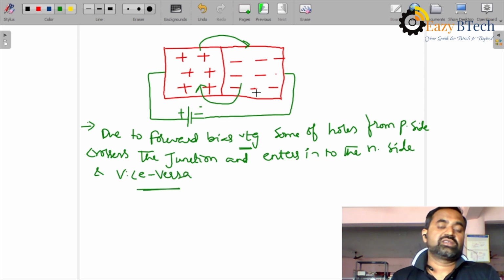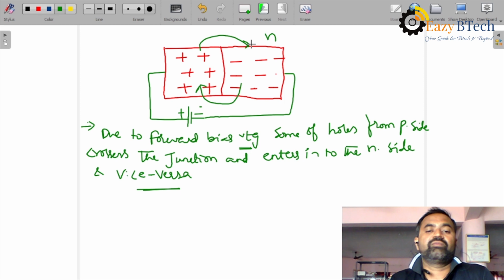It means some of the electrons from N side cross the junction and enter into the P side.